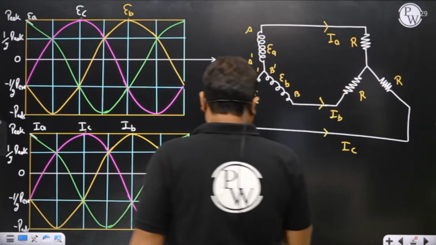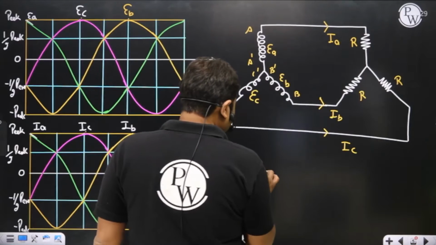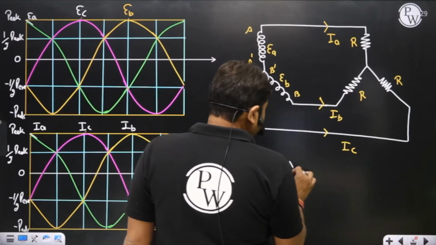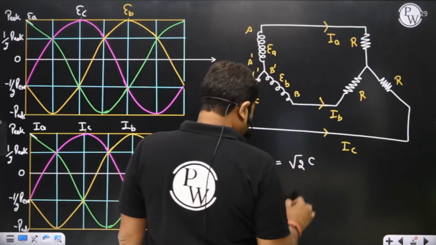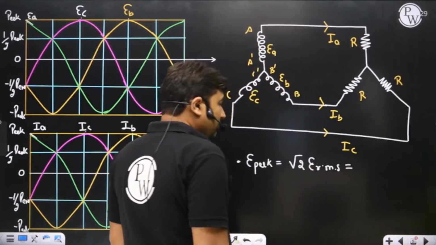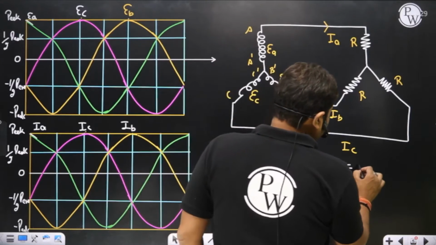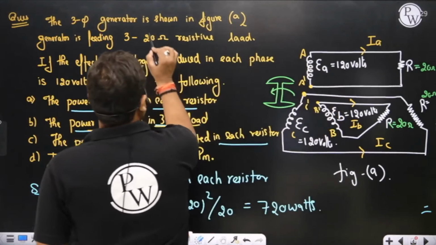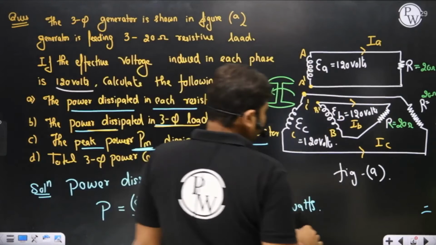So what are the peak currents and what are the peak voltages? Peak voltage is equal to root 2 times the RMS value, that is the effective value. Root 2 times 120 volt effective.